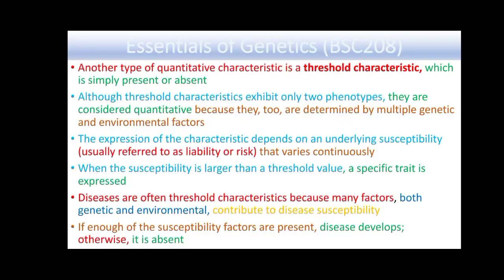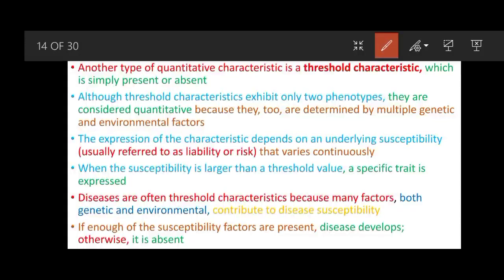Another type of quantitative characteristic is the threshold characteristic, which means that the trait is simply present or absent. When we look at this type of quantitative characteristic, we can say that absence and presence can be a discontinuous or qualitative trait.